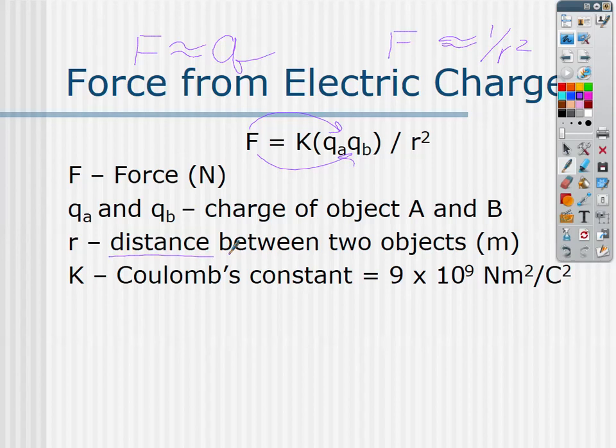You'll have an exponential change in force based on distance, and a linear change based on charge. If I double both charges, it's going to be 4 times the force, because force is related to each charge directly, so you multiply those two factors together. But it's related to 1 over R squared.